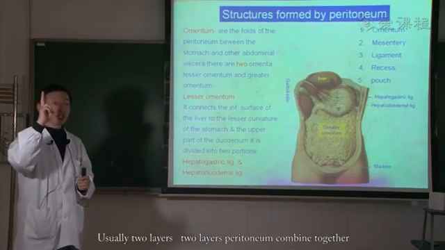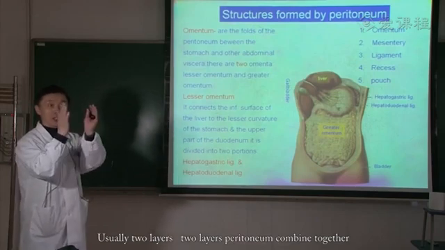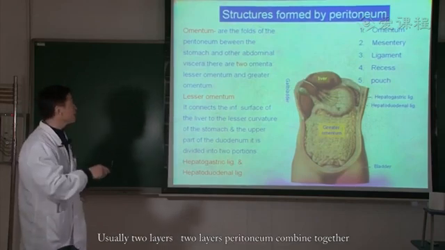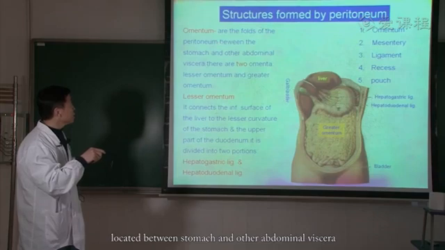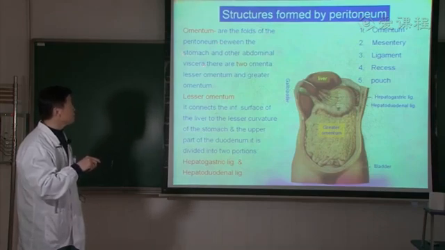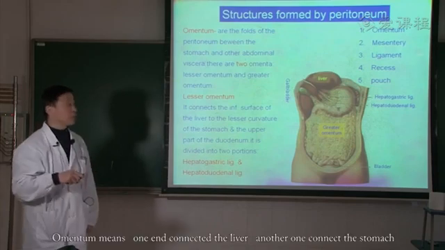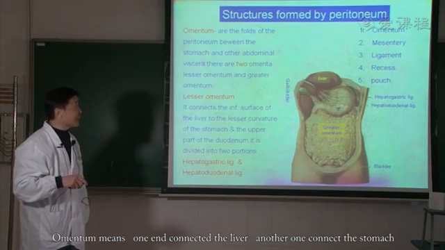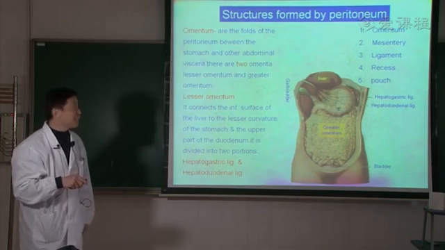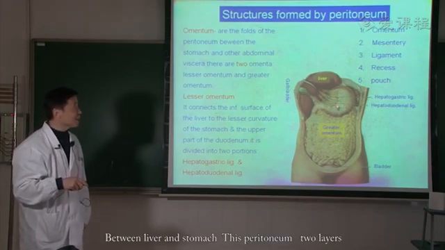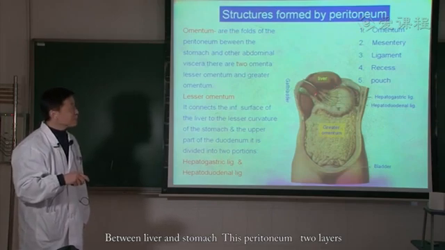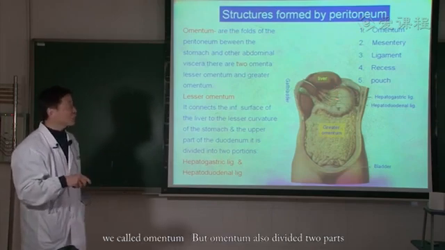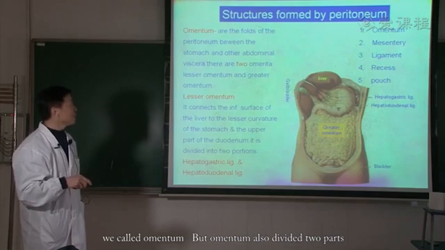Usually two layers of peritoneum combined together, located between the stomach and other abdominal viscera. Omentum means one end connects the liver, another connects the stomach. Between liver and stomach, these two layers of peritoneum we call the omentum.